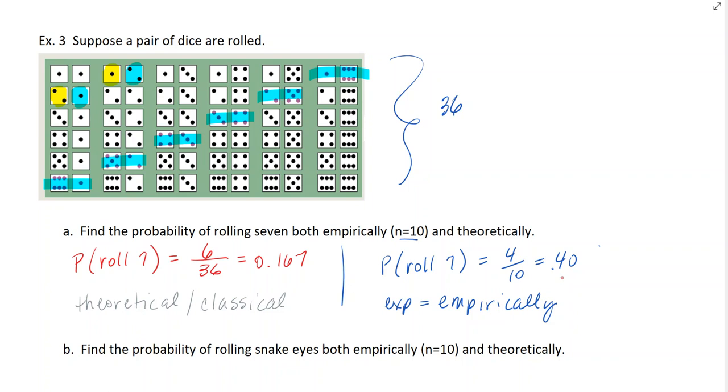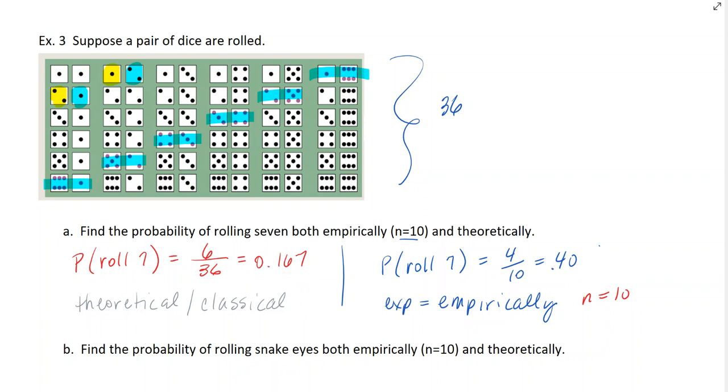We only rolled the dice 10 times in our experiment here. So 10 experiments resulted in an outcome of 40%. But if we were to keep doing that over a very long period of time, maybe 1,000 total times, ultimately we would get close to our theoretical model, which is 0.167, or rounding up, about 17%.